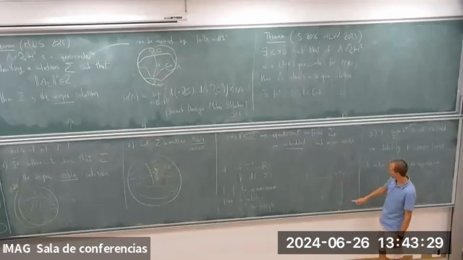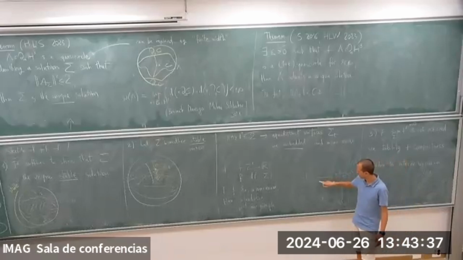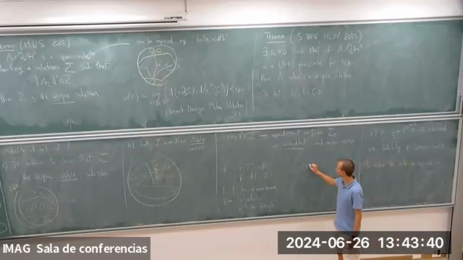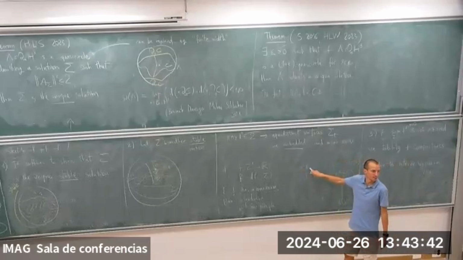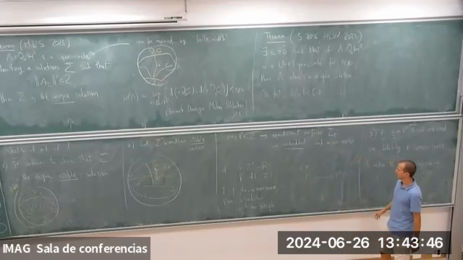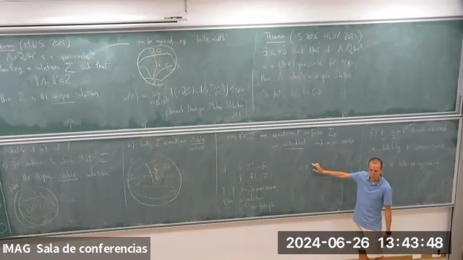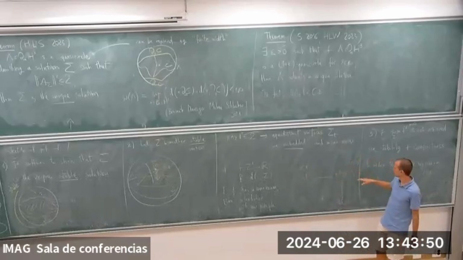But you can refine this question and try to understand two things. Given a point here, because this map you can define not just from almost Fuchsian, you can define from entire quasi-Fuchsian, and then it becomes non-injective. You might want to understand what the fiber of the point here is, and it's difficult.